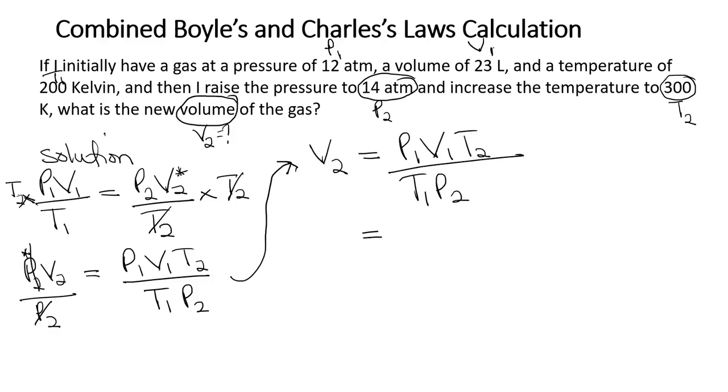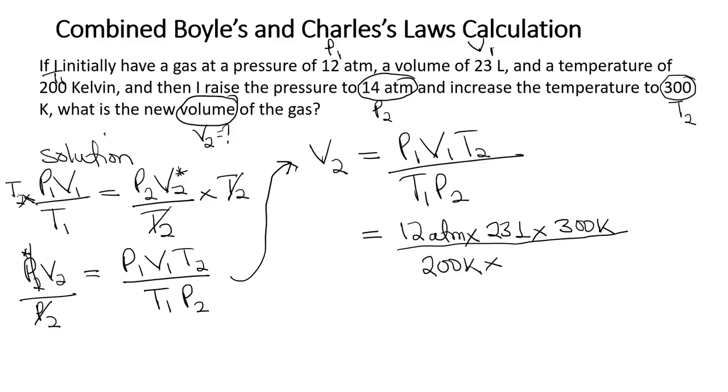After that, I just slot in the values. So P1 is 12 atmospheres, V1 is 23 liters. T2 is 300 Kelvin. T1 is 200 Kelvin.